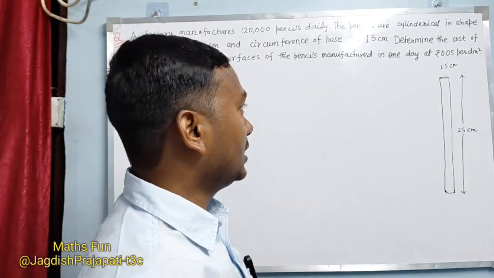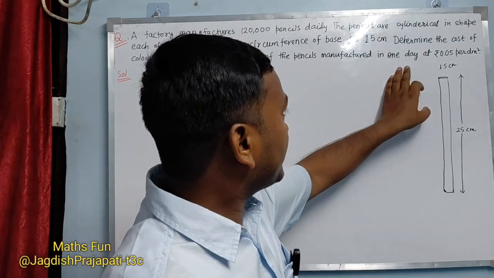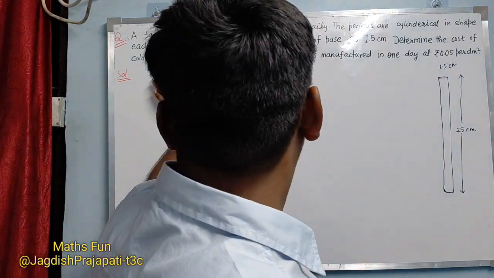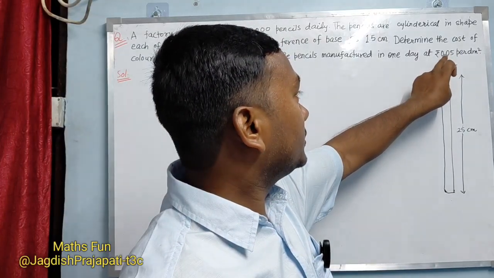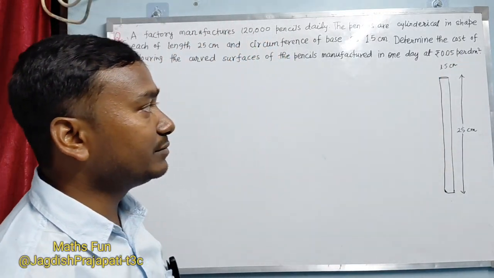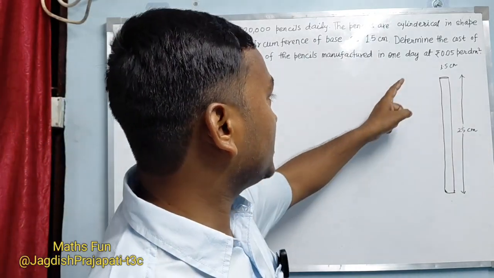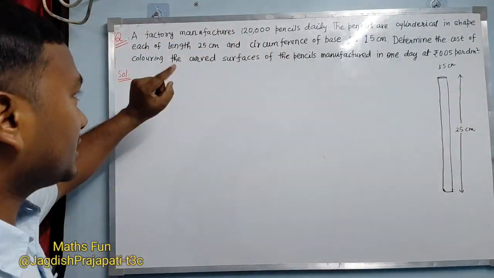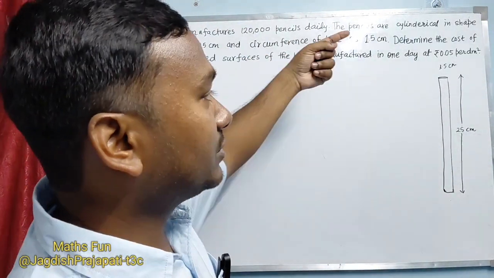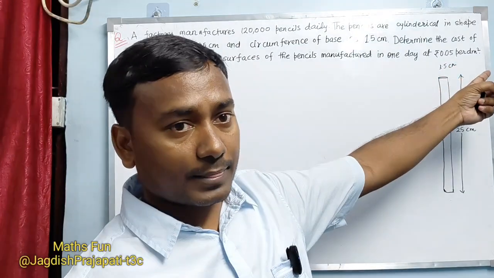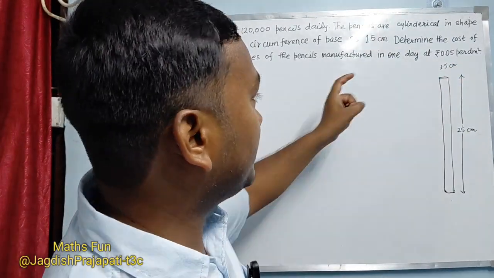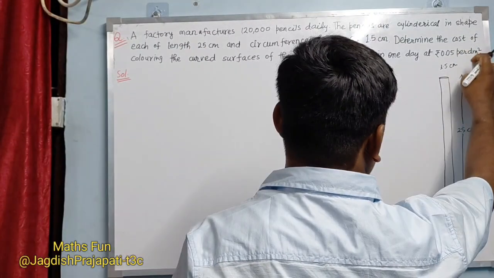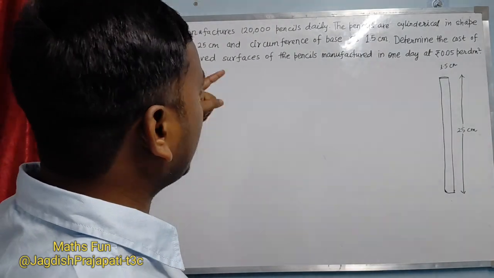And it is given that the cost of coloring the pencil is 0.05 per square decimeter. So we will convert that curved surface area into square decimeter, and then multiply with this 0.05.